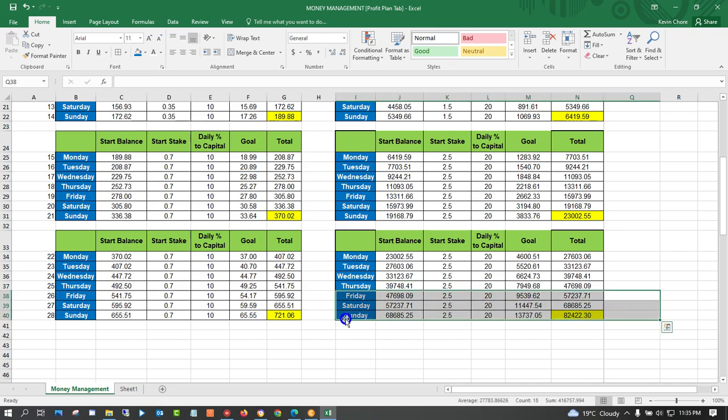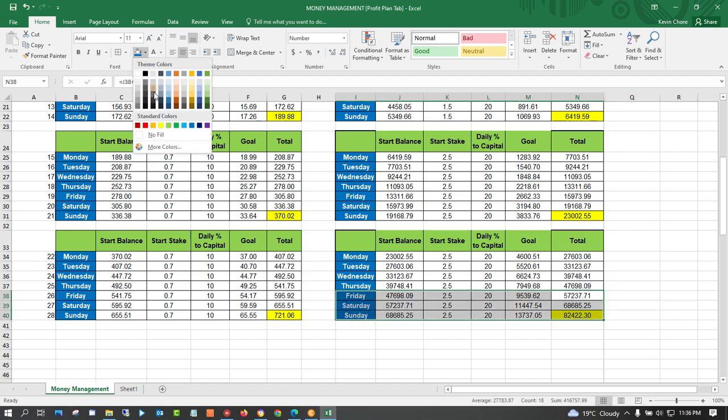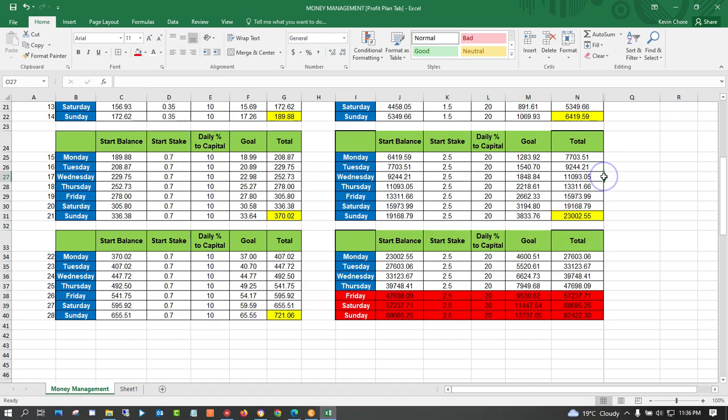Okay, so let's just do this as red. If you read carefully the rules or regulations of the Deriv.com, you cannot have more than $50,000 in your account. So what you do, you'll just withdraw, and you should not have anything more than $50,000 in your account.